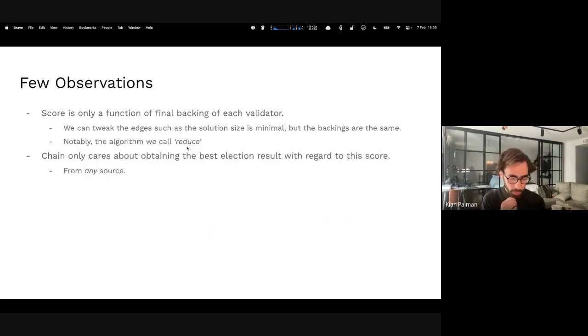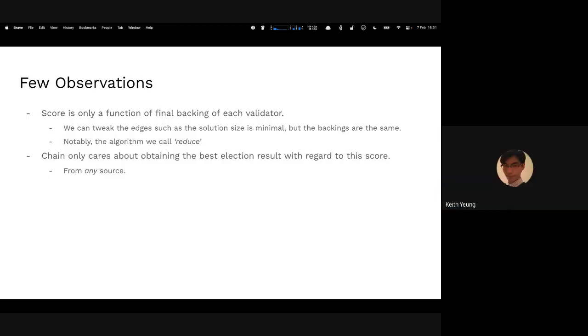No, there are people who have more, but this reduce algorithm is quite often so good that it manages to remove everyone's edges except one and keep the score constant. Does that make sense? Removes everyone's edges and keeps the score constant. Is that what you said?